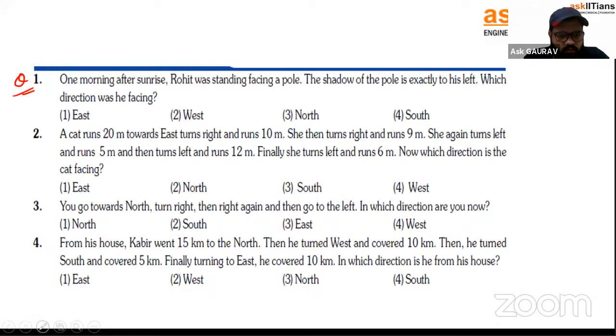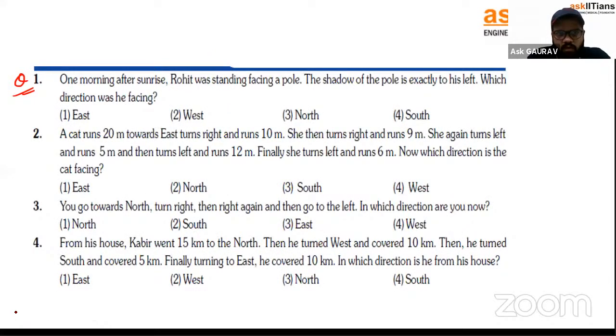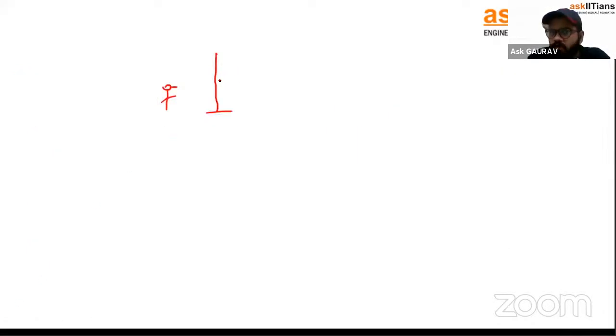Let's say this is a pole. Like you are standing facing a pole, right? And you are standing here. You are facing a pole. The shadow of the pole is exactly to his left.